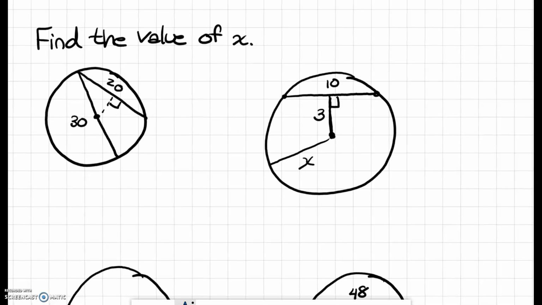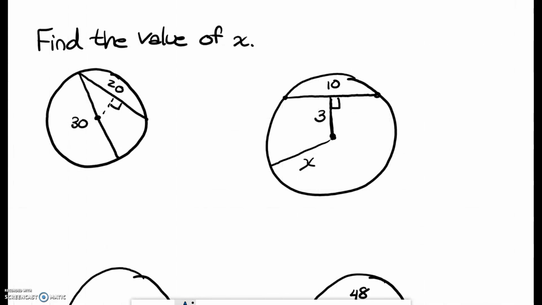Okay, so now it's asking us to find the value of X. So let's take a look at this. Oh, here's X right here. How would I solve this? Well, 30 is this whole distance, and 20 is this whole distance. But we were told that if we draw a perpendicular line from the center to a chord, it splits it in half.